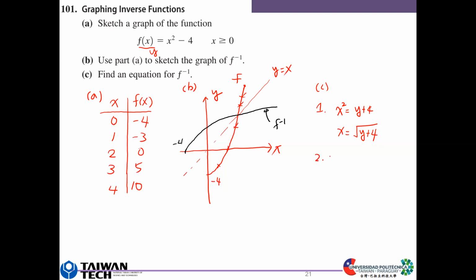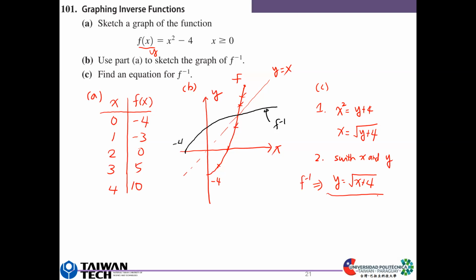Then switch x and y, so y equals the square root of x plus 4. This is f inverse, the inverse function of f.